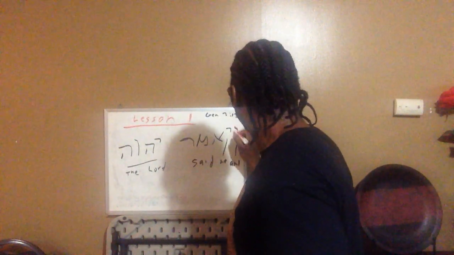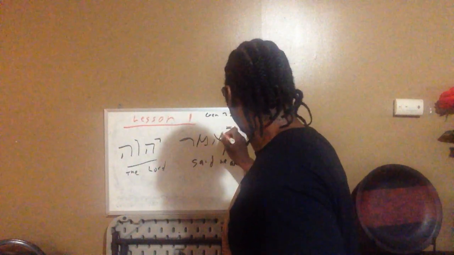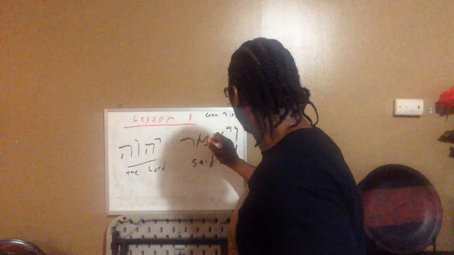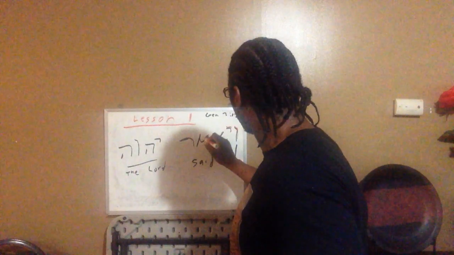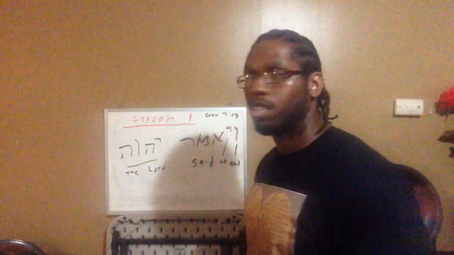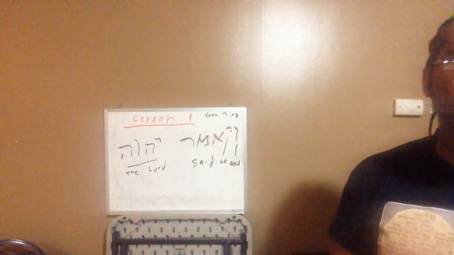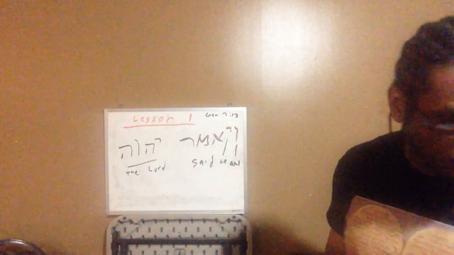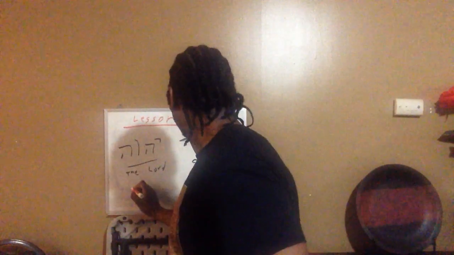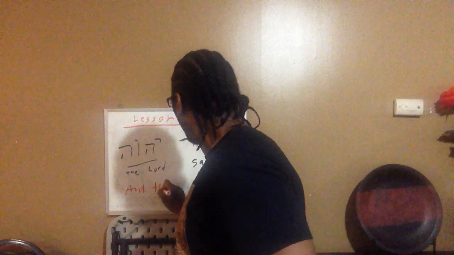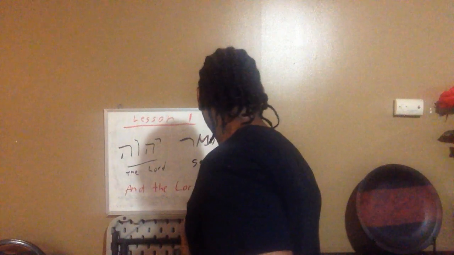And he said, the Lord. So I put it like this, to give you a hint. It's similar to Spanish. And the Lord said? Exactly. So all this translates to, and the Lord or Yahweh, which is his name, said.